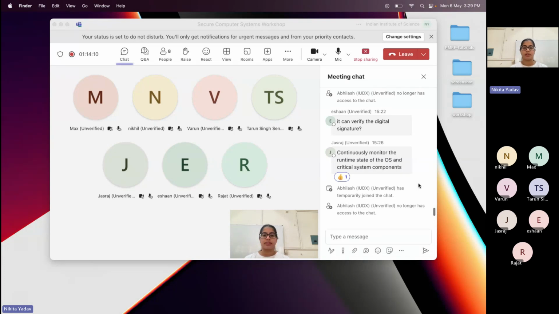Then we said there are three kinds of trusted hardware: TPM, SGX, and TrustZone. We looked at what features TPM provides and how we can leverage those features to implement a secure boot attestation protocol.